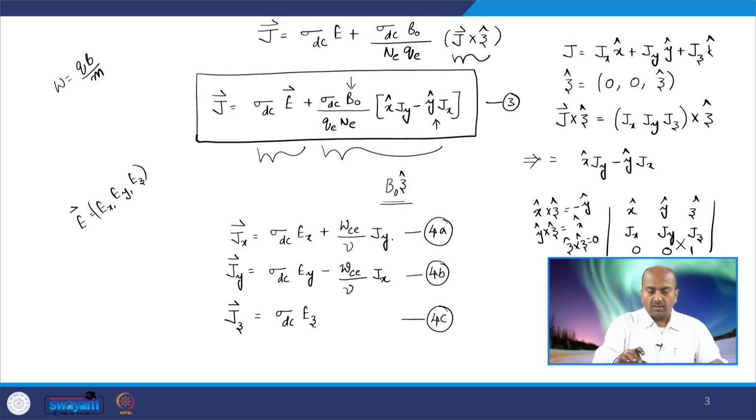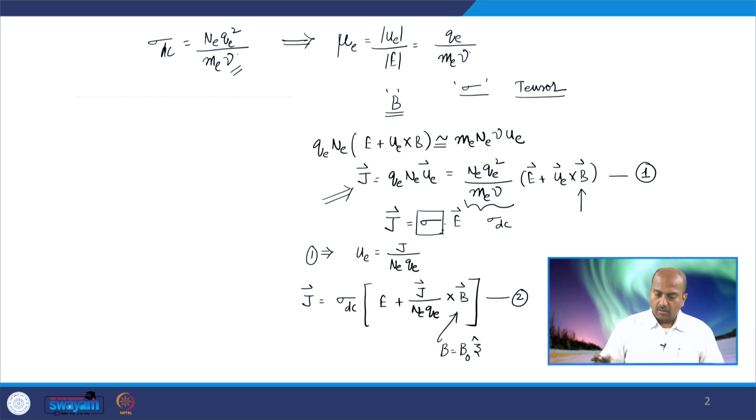Right. So let us just quickly look back to what we have done. We have just taken the equation from the DC conductivity, which is defined like this, and removed all the time variation and written the magnetic field to be along the z cap direction.